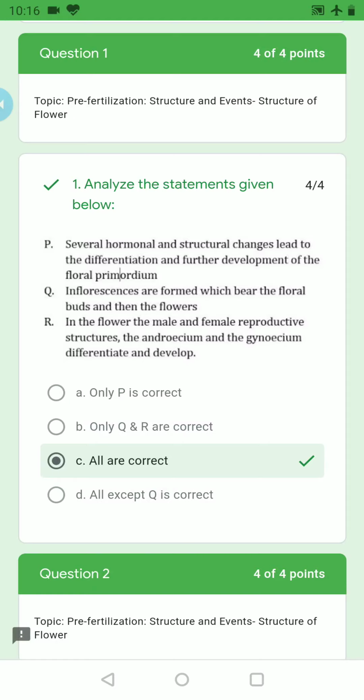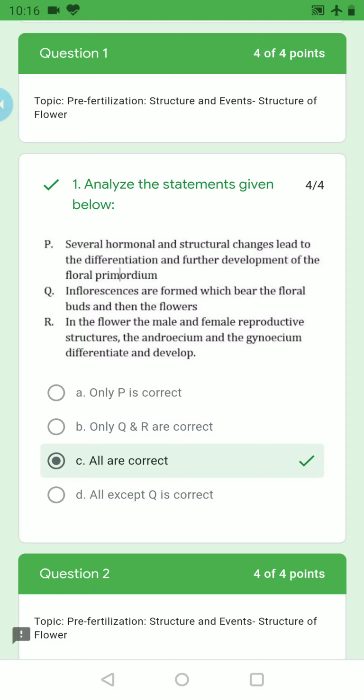The first question is related to the topic pre-fertilization, structure and events, that is, the structure of a flower. Analyze the statements given below.